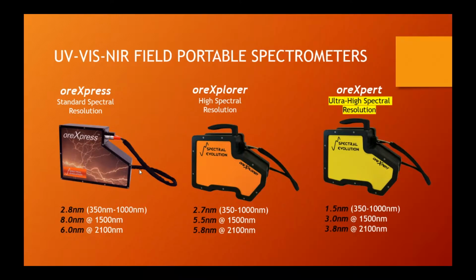These three spectrometers differ in spectral resolution: the OR Express has a standard spectral resolution, the OR Explorer a high spectral resolution, and the OR Expert is our ultra high resolution spectrometer, which happens to be the highest spectral resolution on the market. Spectral resolution does matter, especially when we're looking at alteration minerals.